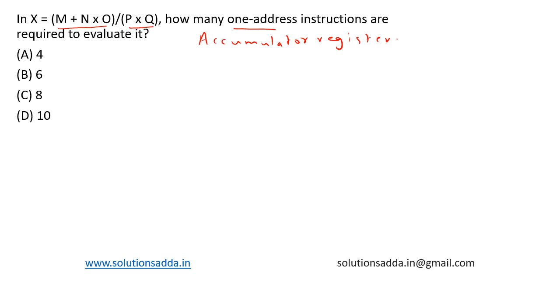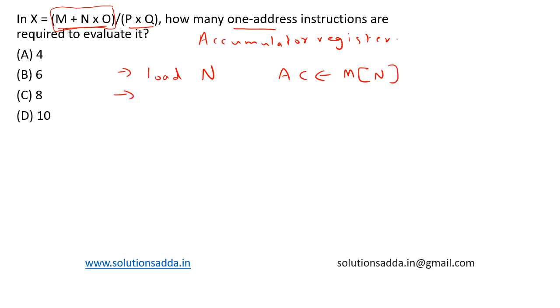So the instructions that are required to perform the following code, since it is given as x equal to m plus n into O divided by p into q, we write as follows. The first operation would be, following the rule of BODMAS, let's consider the bracket operation first. Now the first operation is load n, that is, let's denote the accumulator as AC. This accumulator will be loaded with the memory location of n.